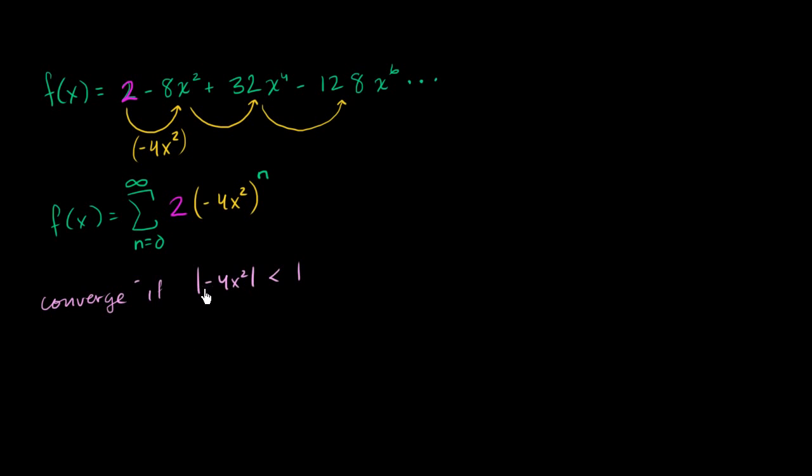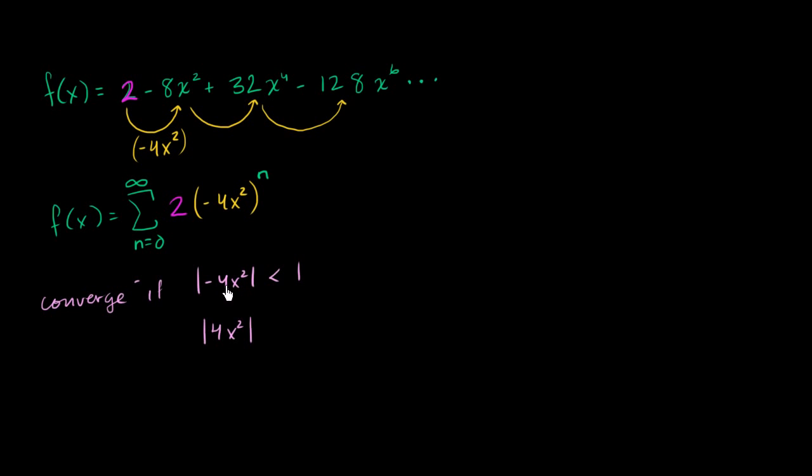Well, the way it's written right now, it is going to be a negative value. So the absolute value of this is just going to be 4x squared, right? The way x squared is going to be non-negative, so 4x squared is going to be non-negative.